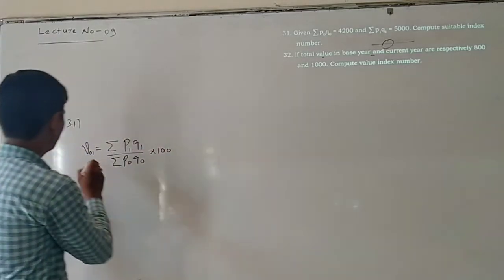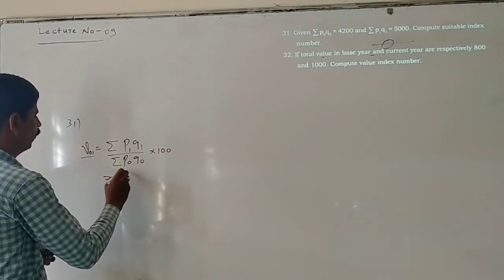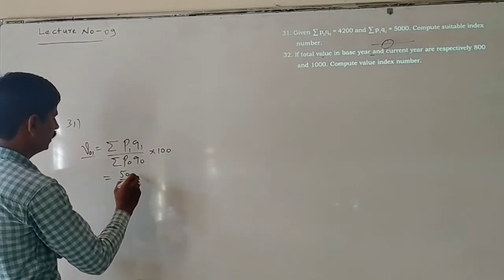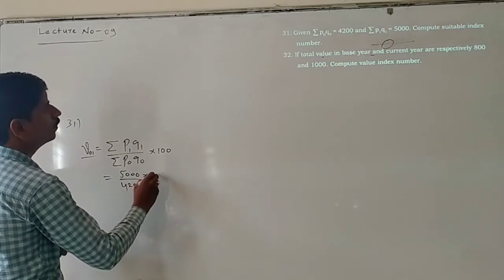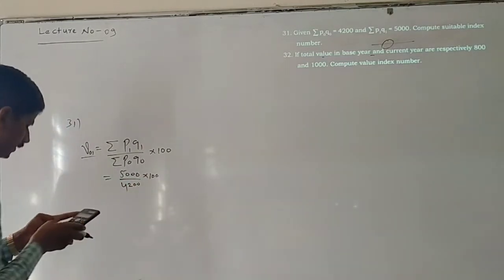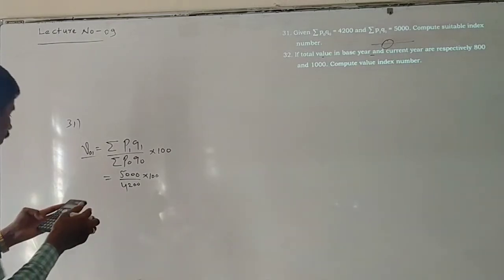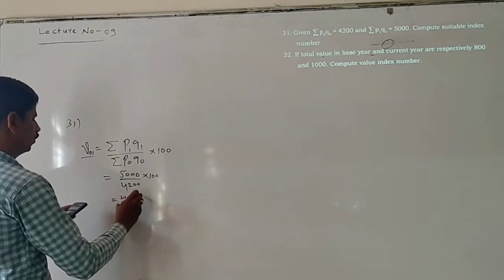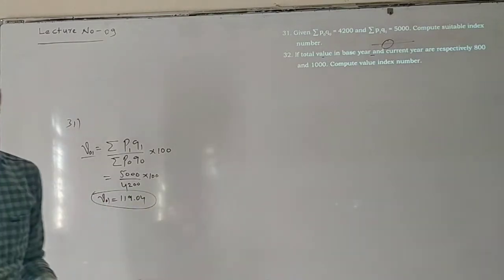We have to apply V01 equal to sum of P1 Q1 by sum of P0 Q0 into 100, that is 5000 divided by 4200 into 100 is 119.04. It is the value index number, 119.04.